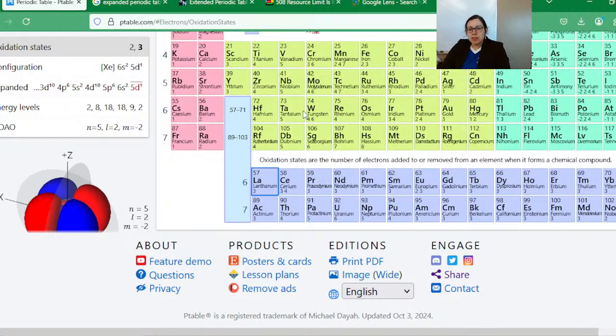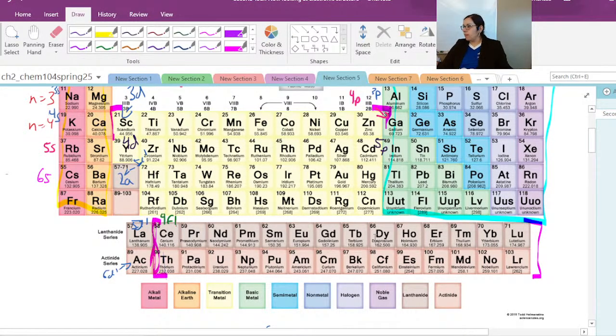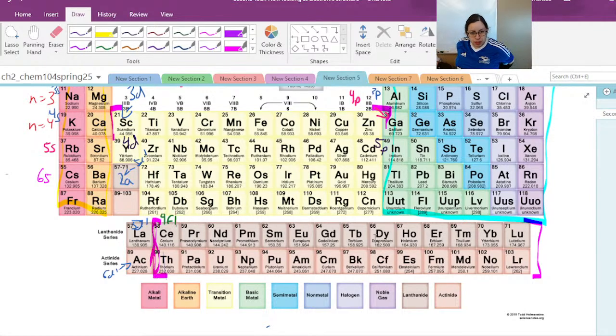But then instead of continuing with the D block, cerium starts 4F1. Does that make sense? So again, just make sure that's marked. So that's a little confusing.